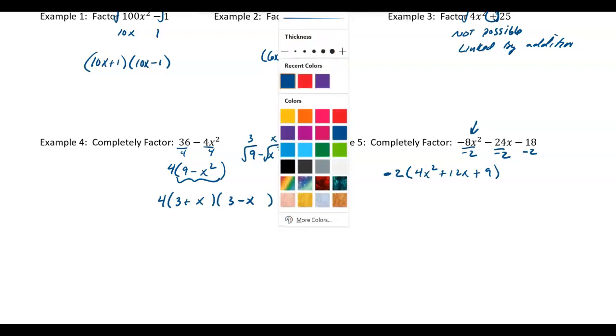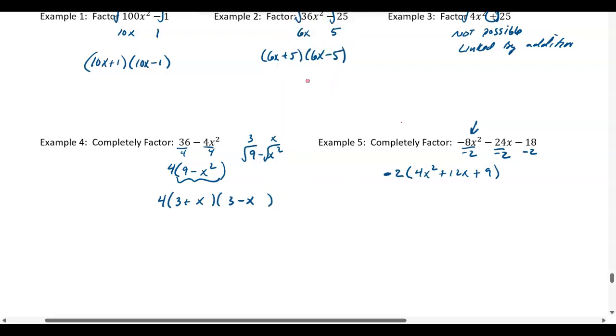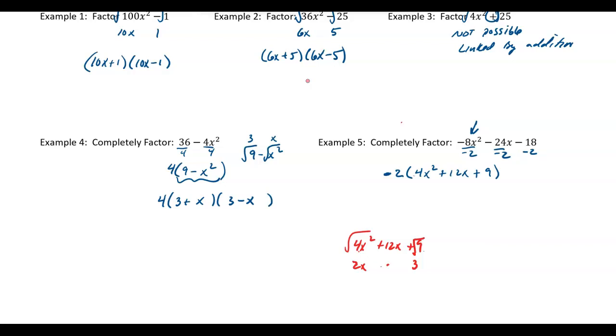Now, I'm going to check and make sure this will work. I notice perfect square. Let's check. Square root of 4x squared is 2x. Square root of 9 is 3. Multiply them, 6x, double it, I get 12x. Does that match the middle term?